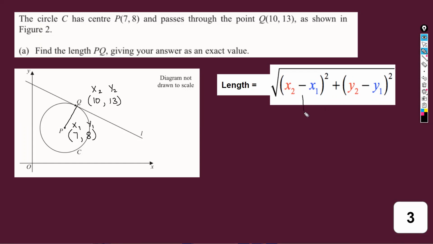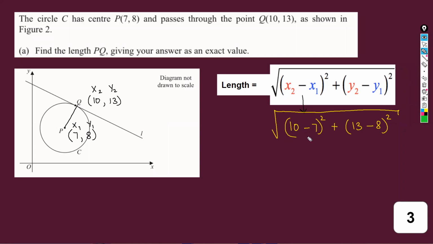And you just throw it into the formula here. So it's x2 minus x1. It doesn't even have any tricks, meaning no minus signs. So it's 10 minus 7, squared, plus 13 minus 8, squared. And of course, we have the square root after.